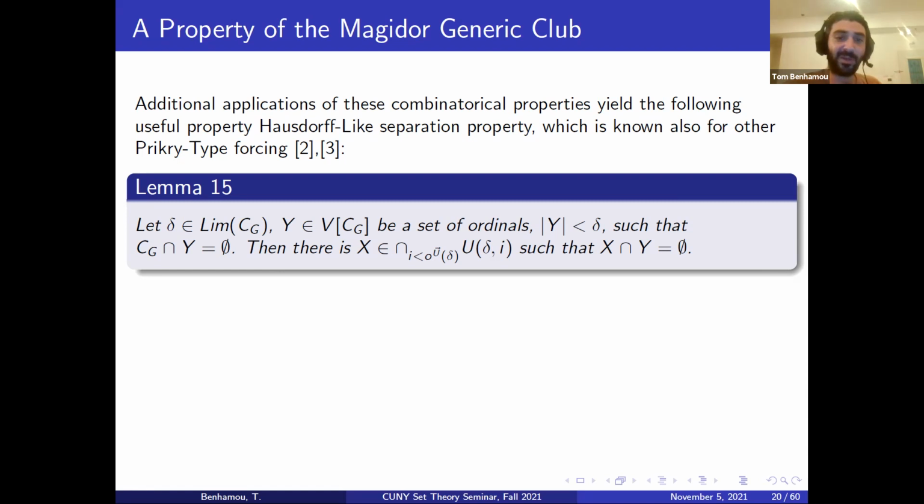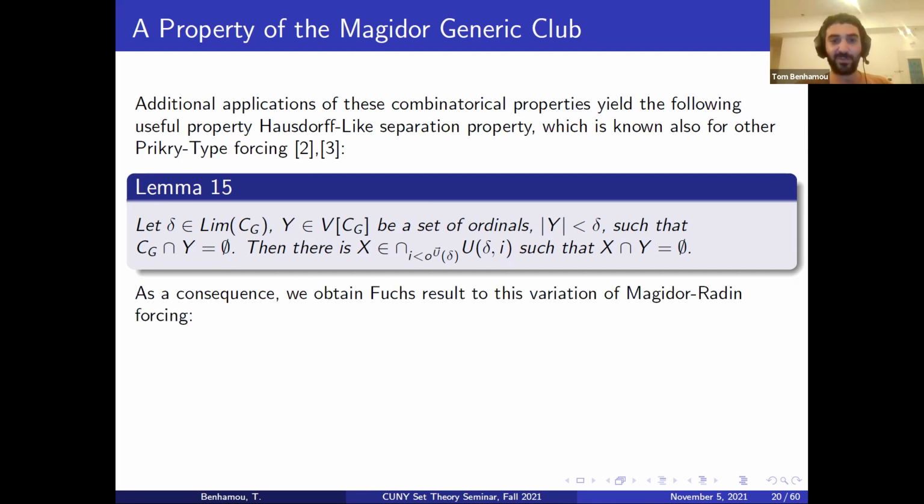And when we have this set Y, which is of cardinality less than delta, where delta is some limit point of CG, and Y is disjoint from this thinner set CG, then actually we can thicken CG to X and still stay disjoint from Y. Okay, so like in topology: you have a point, you have a closed set. You can find a closed set which includes this point and is still disjoint, right? So this is my intuition.